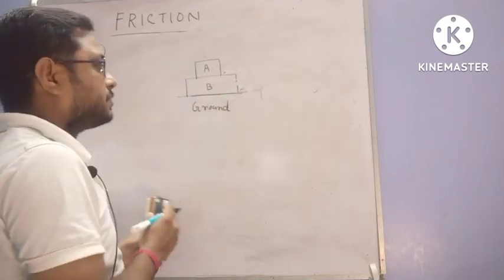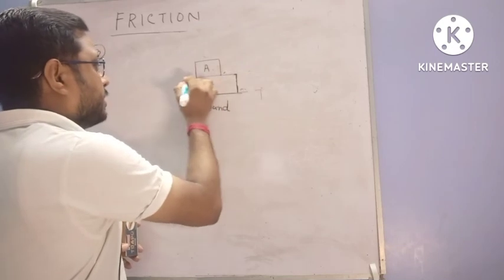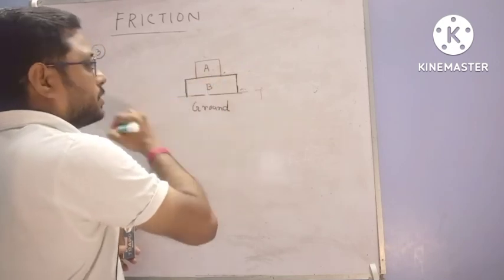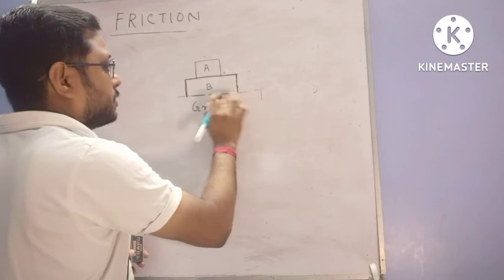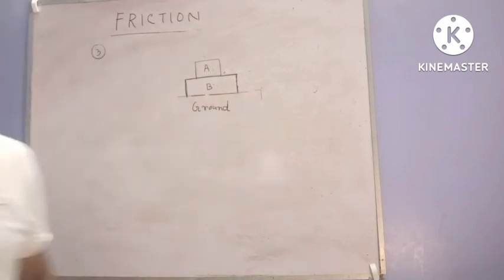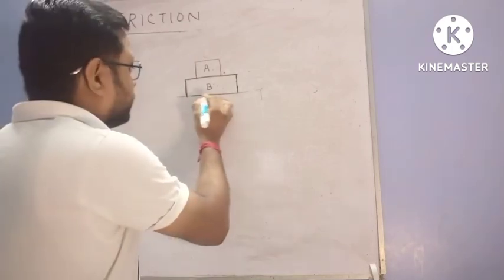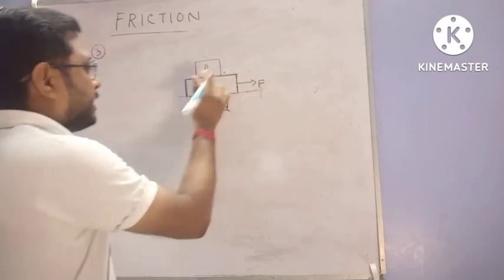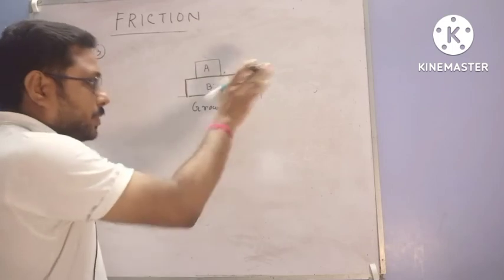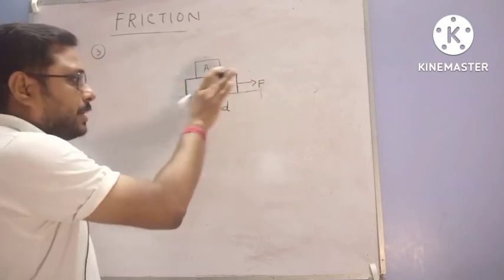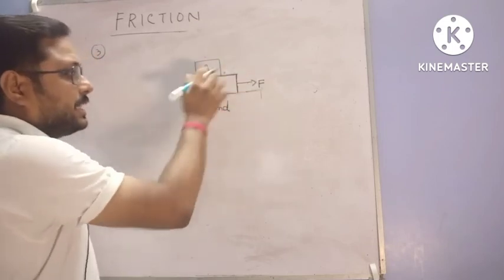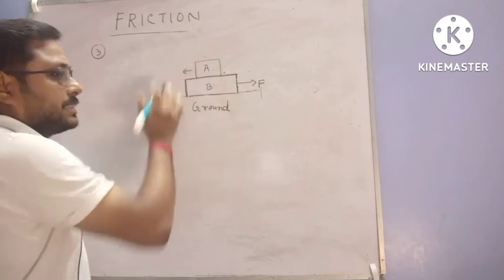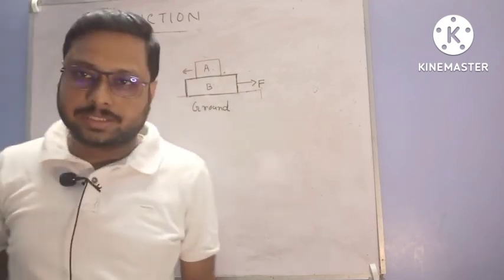Now we can give a force F horizontally, and if we put force F in this direction, A will slide along this direction. It generally occurs.